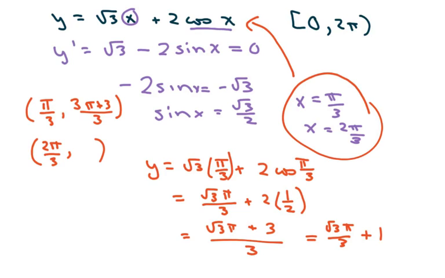Now if I do 2 pi over 3, I'm going to get y equals square root of 3 times 2 pi over 3, plus 2 cosine of 2 pi over 3.